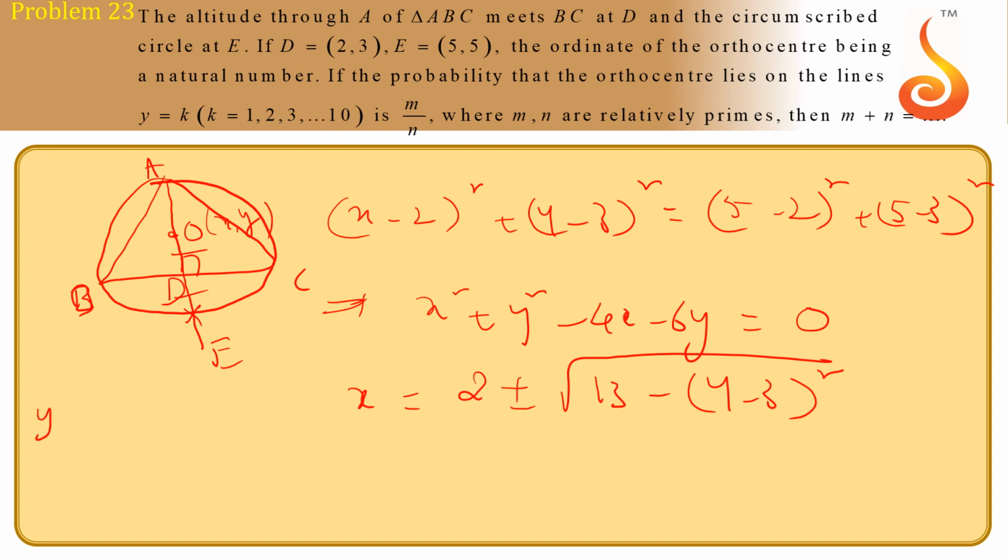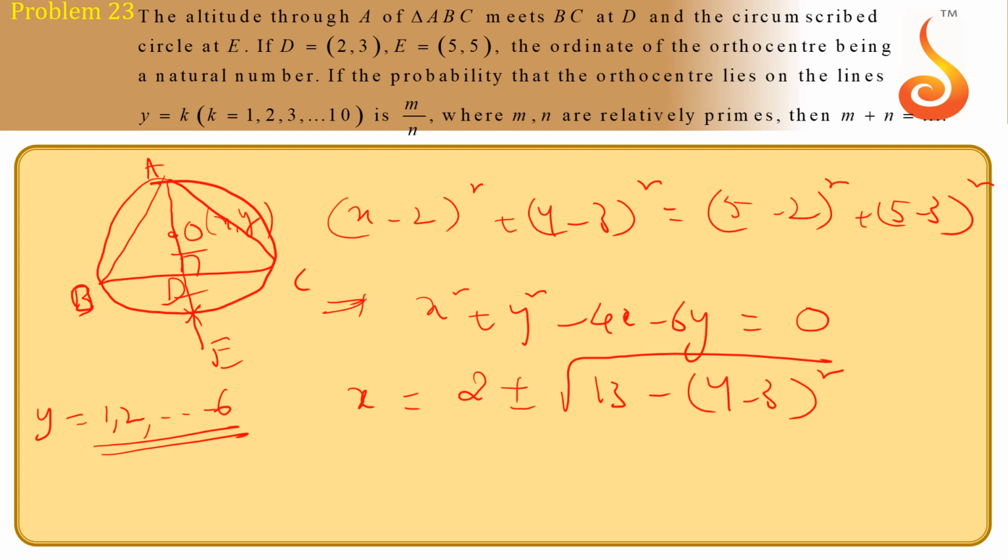So y values you can give 1, 2, and so on. If you give y equal to 6, 6 minus 3 whole square is 9, 13 minus 9 is okay, but for 7, 7 minus 3 is 4, square 16, the under root will become negative, x will become imaginary, so 1 to 6 only possible.